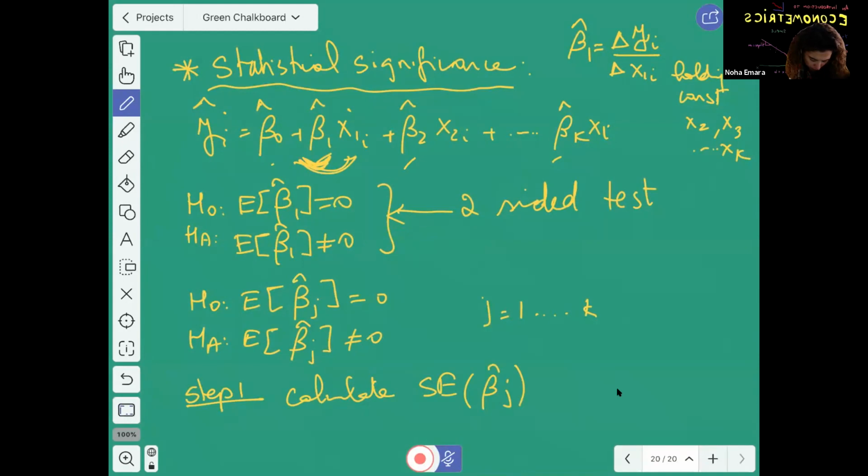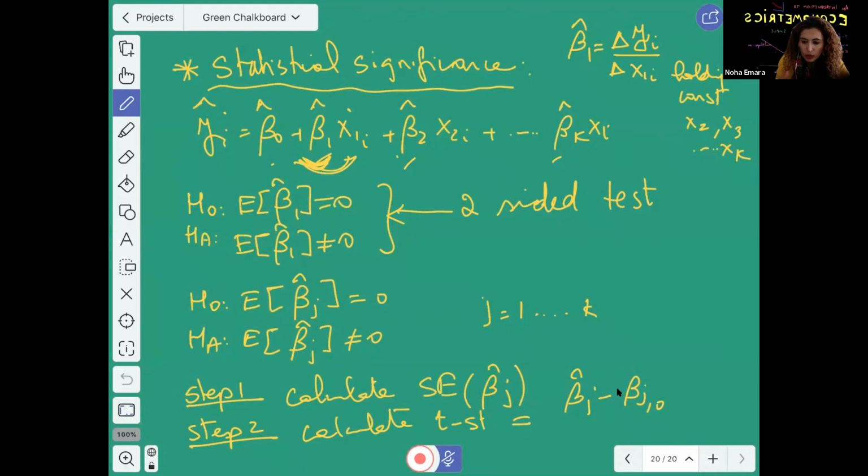Number two, I need to calculate the t-statistic, which is equal to beta hat j minus beta j under the null. I see the beta j under the null is 0, right? So what is my assumption of the beta under the null, divided by the standard error of beta hat j? So this is the t-statistic, okay?